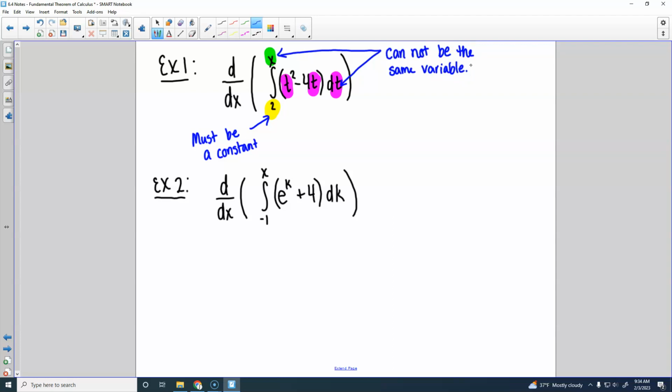And what we're usually going to see most of the time for these problems is that the x is here on our integral, so that our answer is going to be in terms of x.